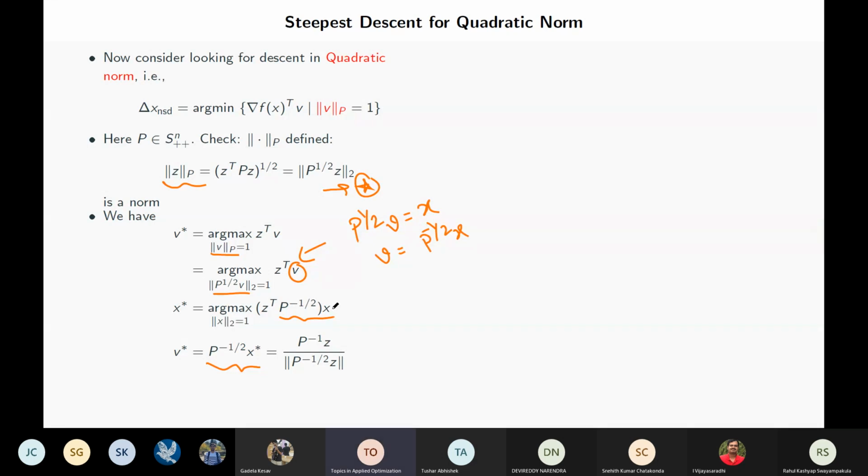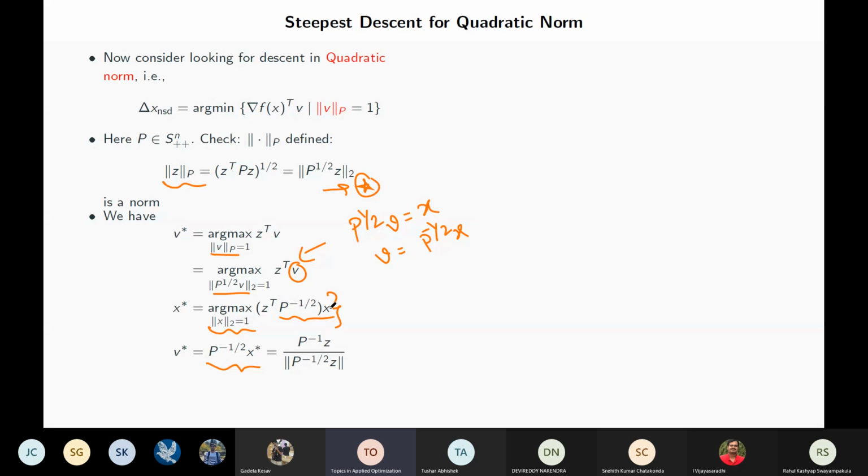And what is x star? The trick we are using is that although this is a matrix norm, we are getting into the familiar territory of the 2 norm, where we know the solution. From the P norm you move to the 2 norm, and this we know.